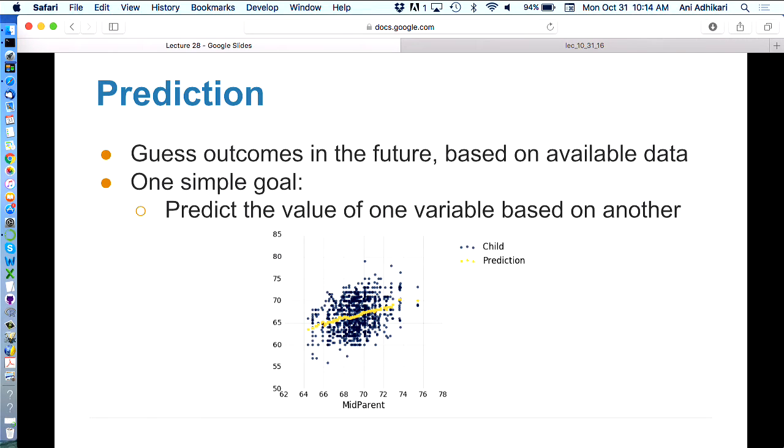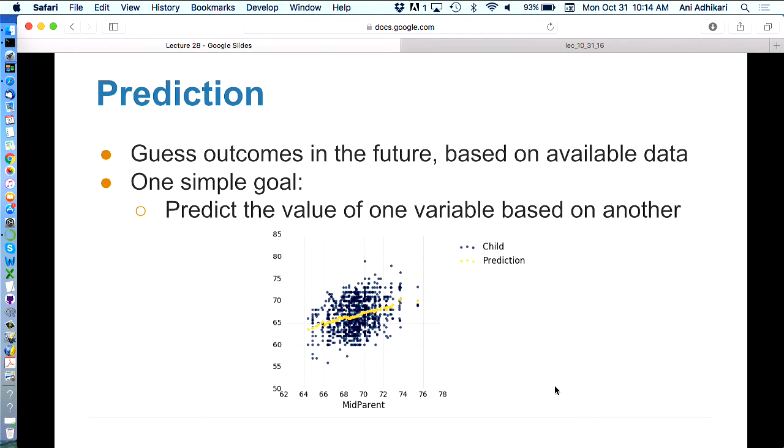adults, and the variable that he had was on the vertical axis, the black points represent the height of the adult. And on the horizontal, there's a kind of weighted average of the parents' heights. And what he was trying to do, he was interested in how physical characteristics are passed down from one generation to the other.